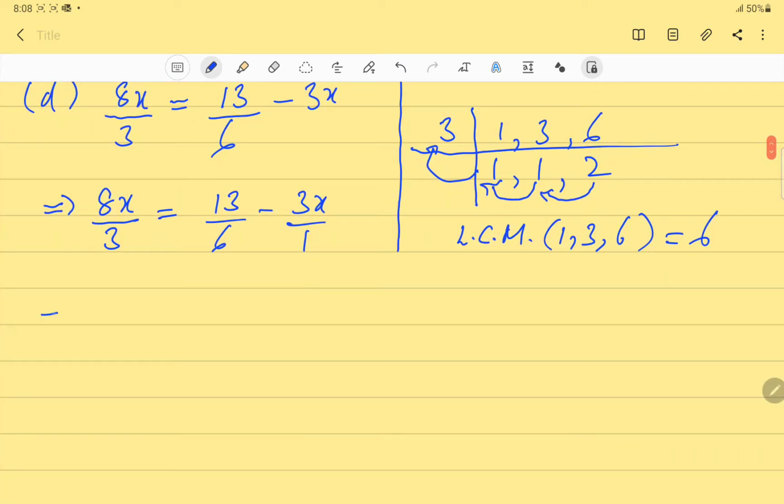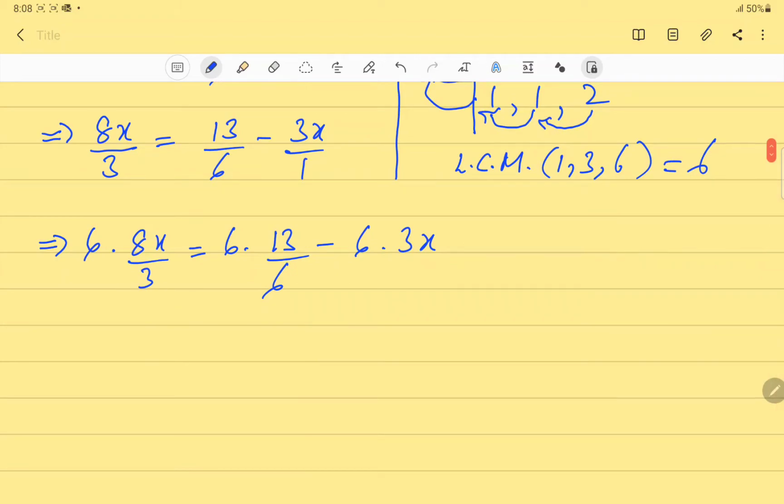Now we will multiply all the three terms with 6. So 6 multiplied by 8x over 3, 6 multiplied by 13 over 6, and 6 multiplied by 3x. We have left that one because it is not making any difference. So 3 2s are 6, 6 cancels with 6.